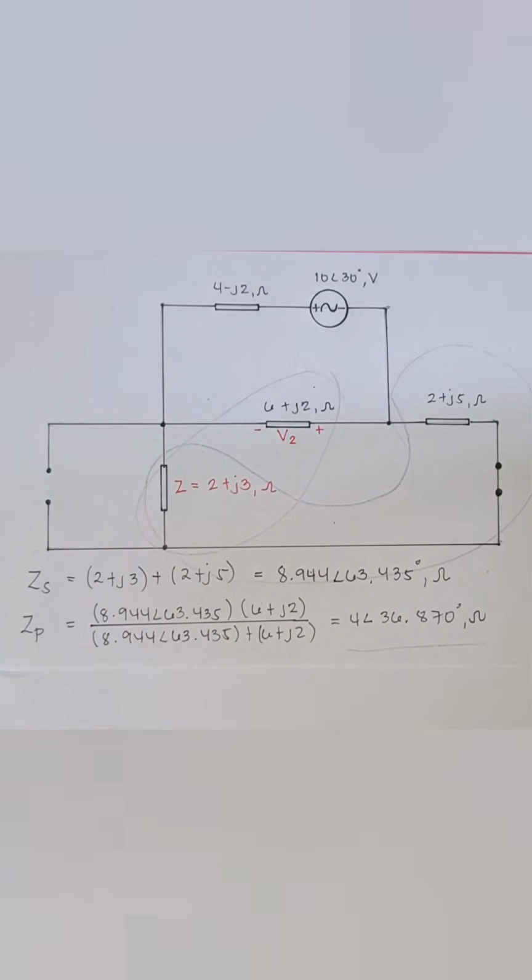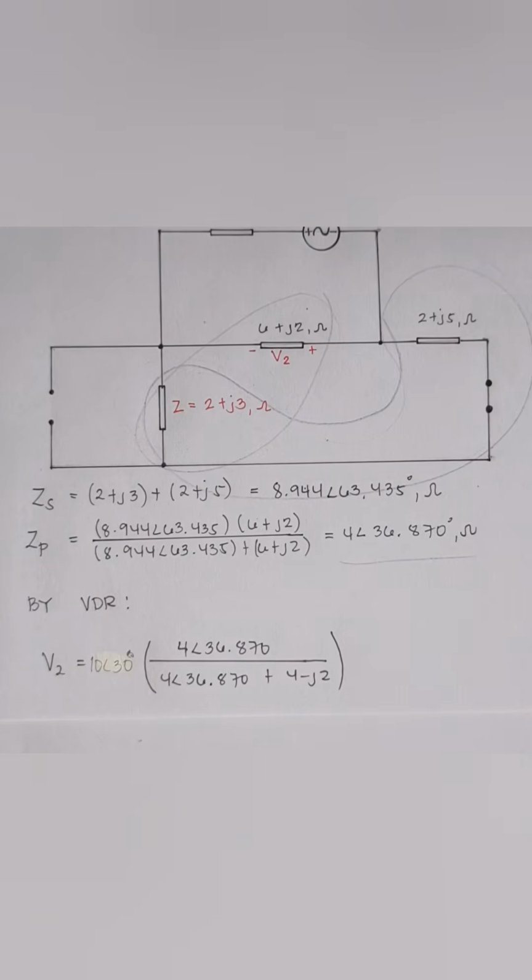After finding the equivalent impedance, now we see the two impedances connected across the voltage source. We now apply the voltage divider rule, or VDR, to compute the voltage V2. So by VDR, we have V2 is equal to the voltage source, which is 10 angle of 30 degrees, times the equivalent impedance, which is 4 angle of 36.870, all over the total impedance, which is 4 angle of 36.870 plus the 4 minus J2.